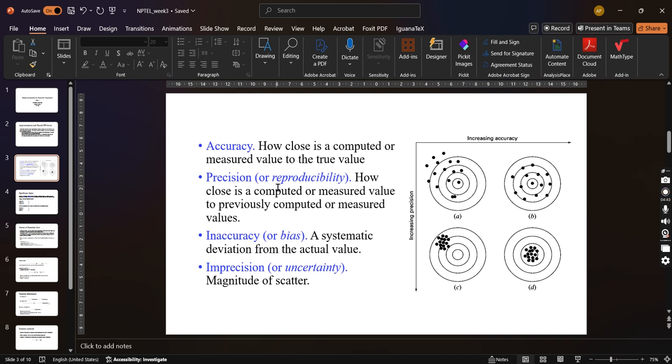So precision basically means the reproducibility. How close is a computed value to the previously computed value? So each of these values, like I have some value over here, then I have some value over here.